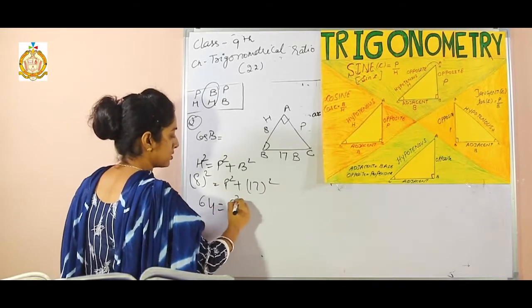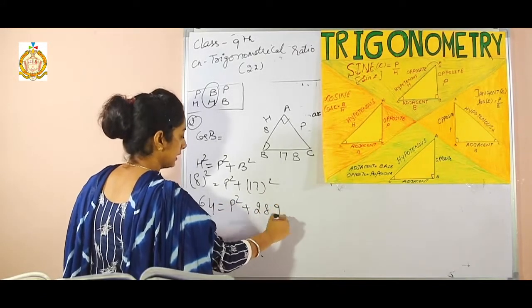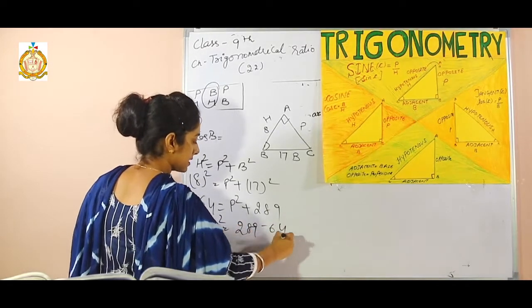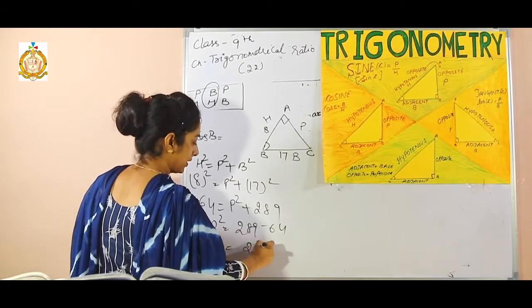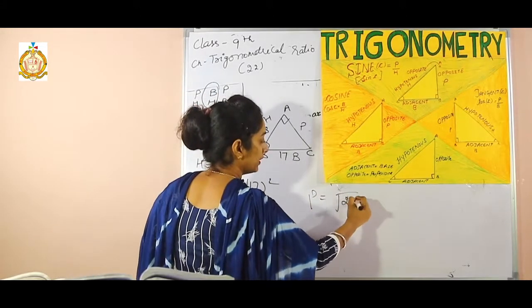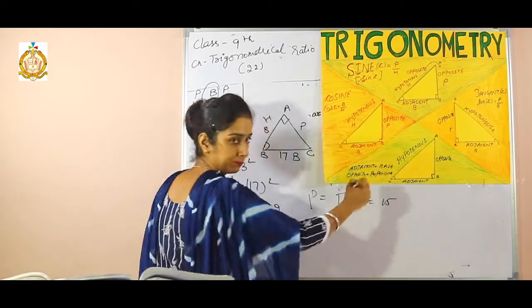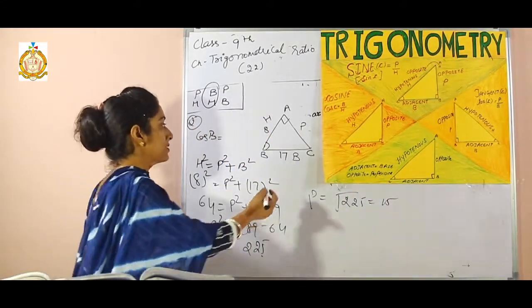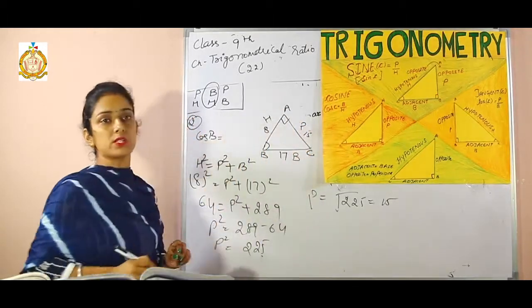64 is equal to p square plus 289. Now p square is equal to 289 minus 64, that is 225. Now p is the square root of 225, which is equal to 15, right? So the perpendicular is 15.